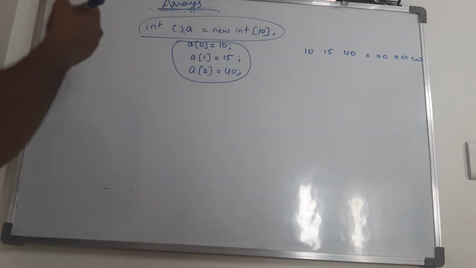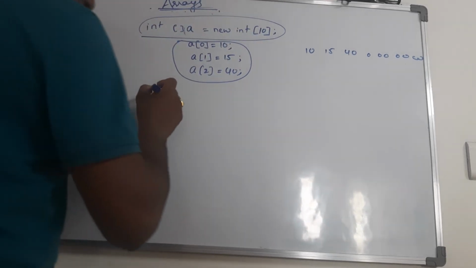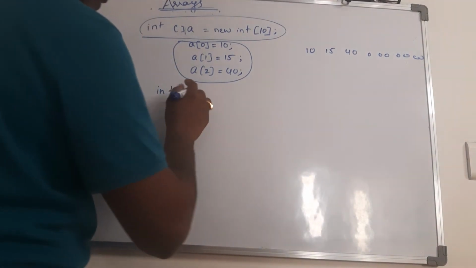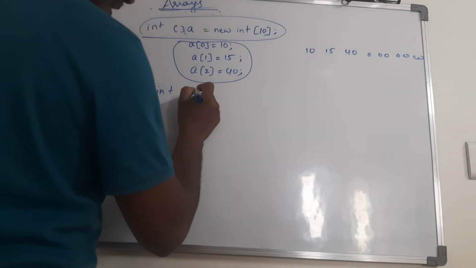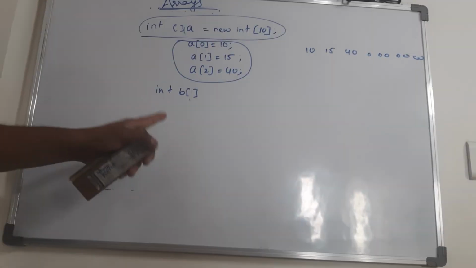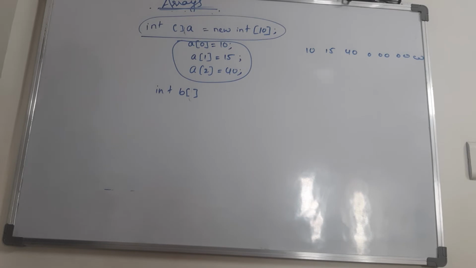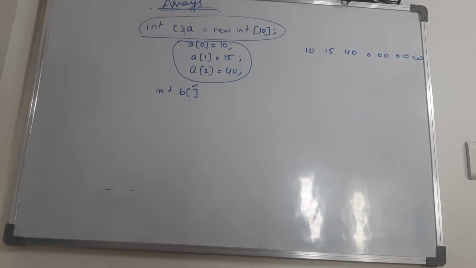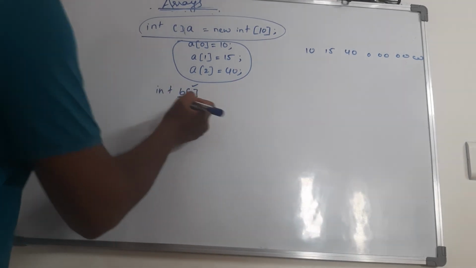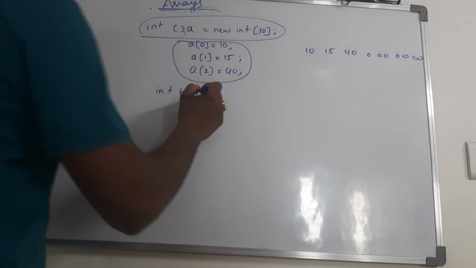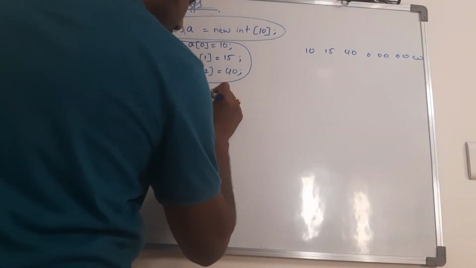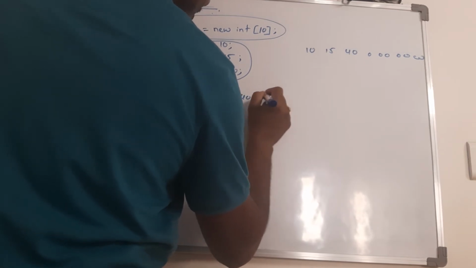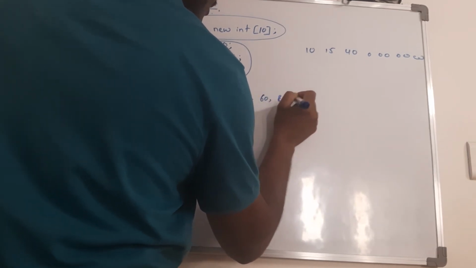Okay, now can't we do it in a single line? Yes, of course we can. int b, before or after the variable name we must keep the brackets, otherwise it will be considered a normal data type. Equal to, in curly brackets we can give the values directly: 20, 40, 60, 80, 100.